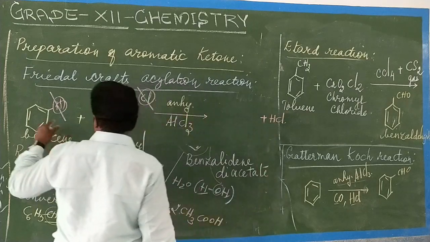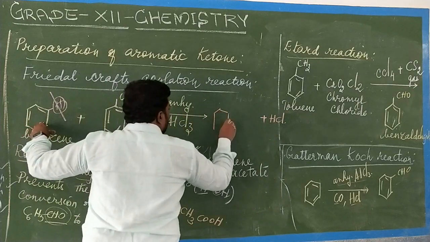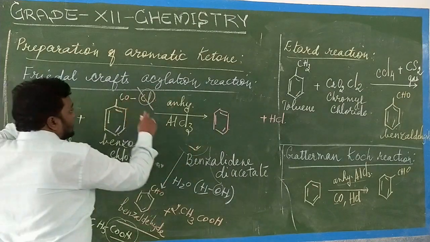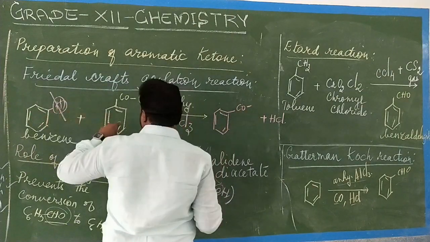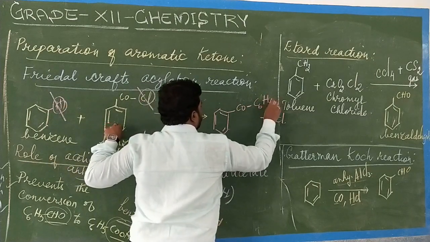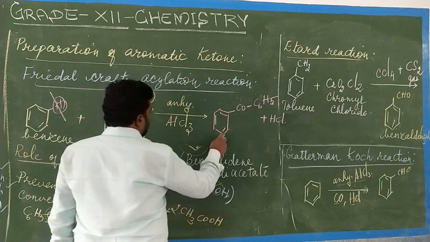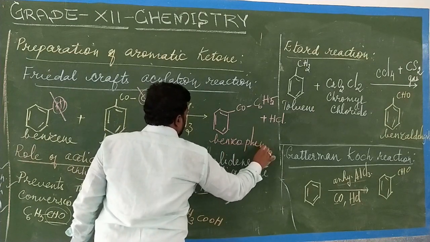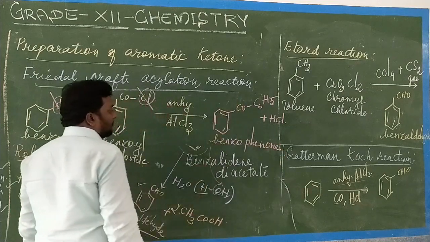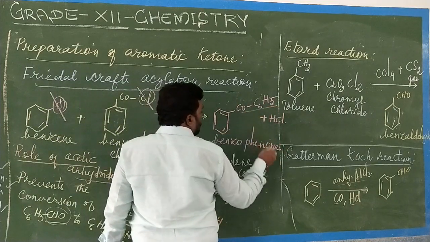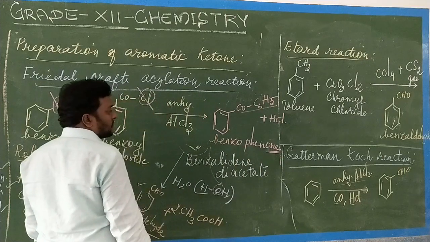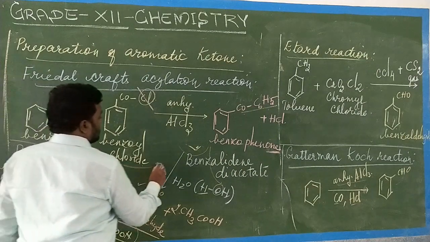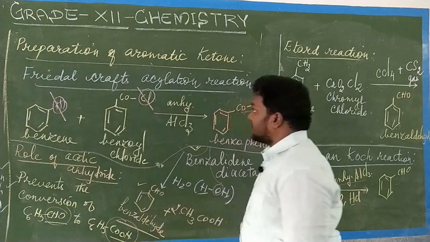So what is the product? The benzene ring, with the hydrogen replaced by this CO attached to another benzene ring. The name of this compound is benzophenone. This is the aromatic ring, benzo, and this is phenone, the ketone. So benzophenone has been formed. This is the last preparation of the aromatic ketones.